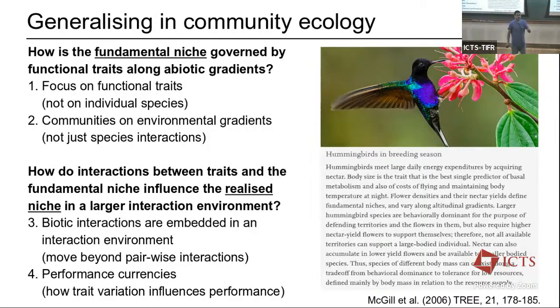So you're saying, I am a 6-gram insect-eating bird. If those are my functional traits, how is it that I am likely to be influenced by the environment? If I'm a small insect-eating bird, then I need large amounts of energy.